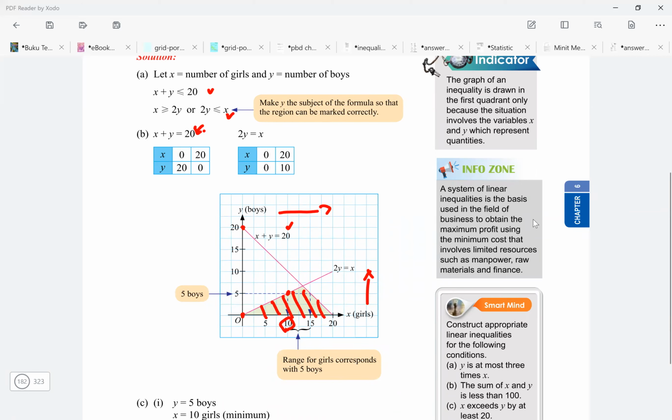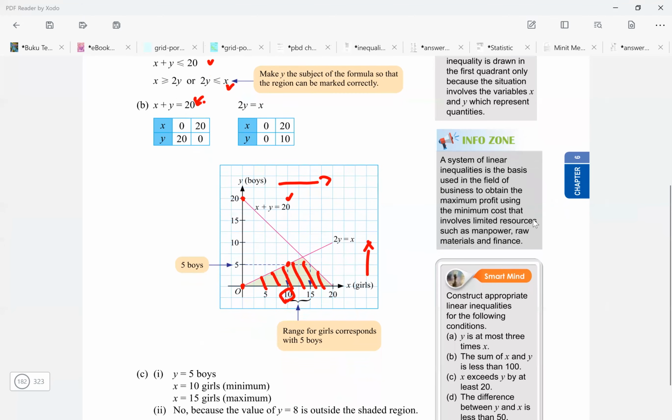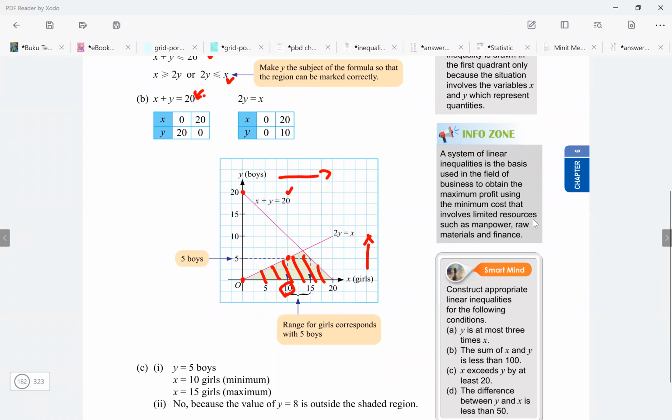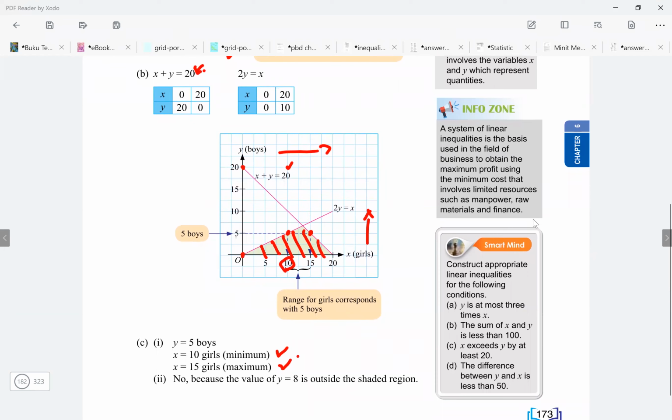So if there are 5 boys, our minimum number of girls is 10. And then the maximum will be the furthest one, here, that is 15. So if your boys is 5, the minimum girls will be 10 and the maximum will be 15.